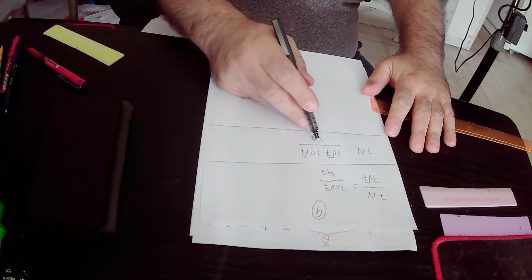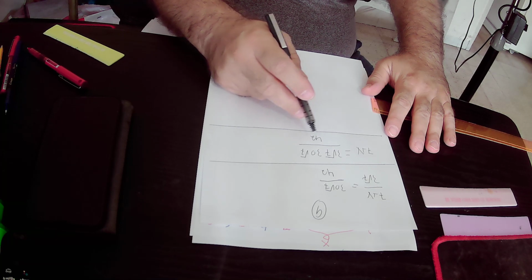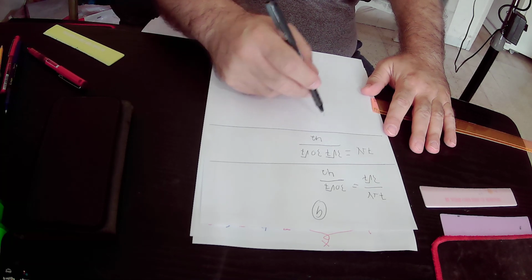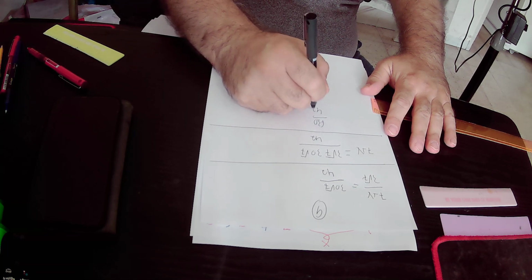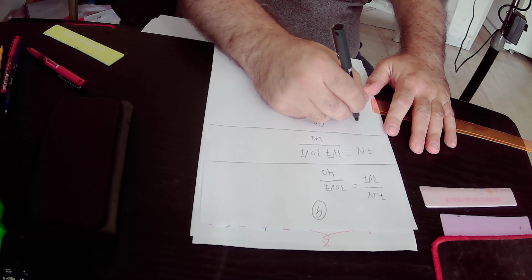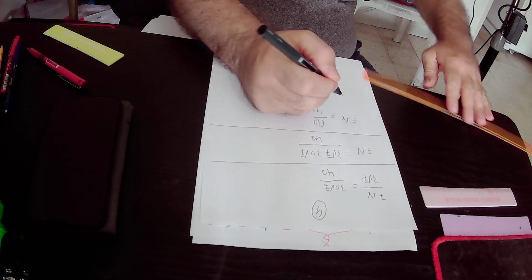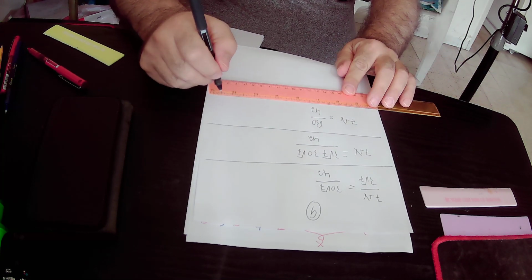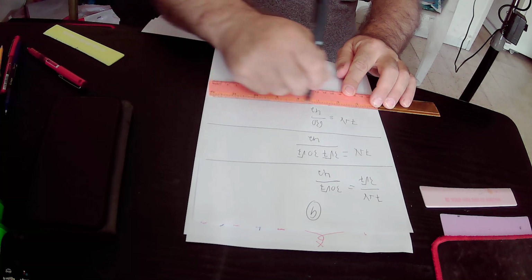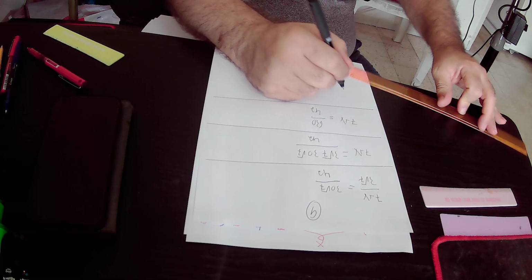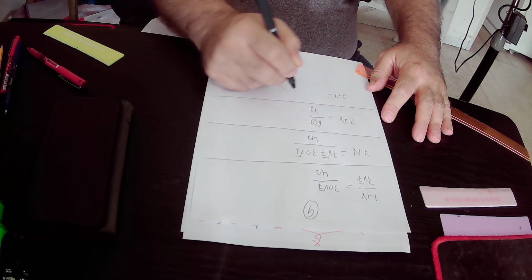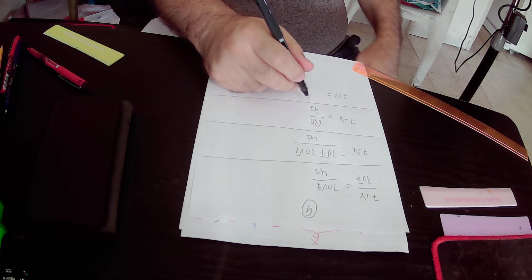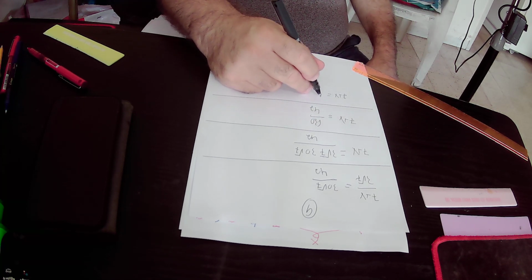Here 3 times 30 is 90, and root 7 times root 7 is 7, and 90 times 7 is 630. 630 over 42 is 15.